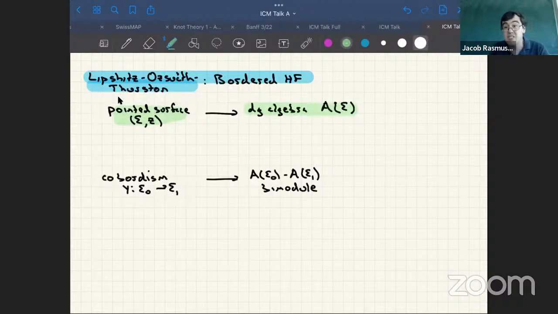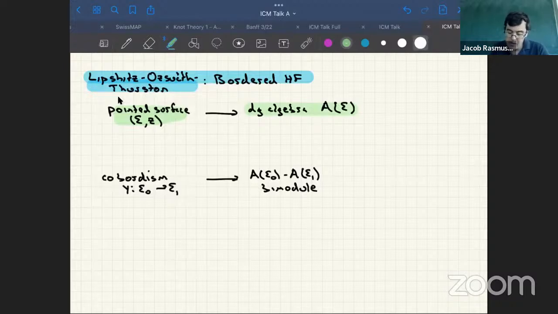And really, I'm lying just a tiny bit here. So this is really a pointed surface together with some extra data, which is a handle decomposition of the surface.